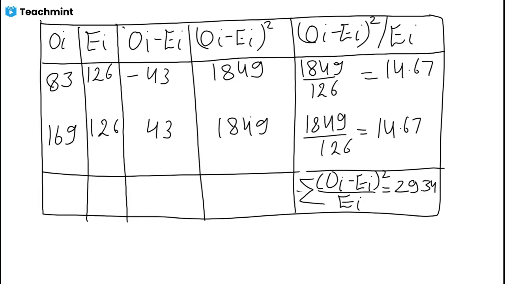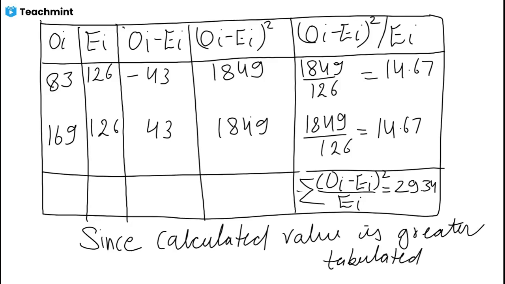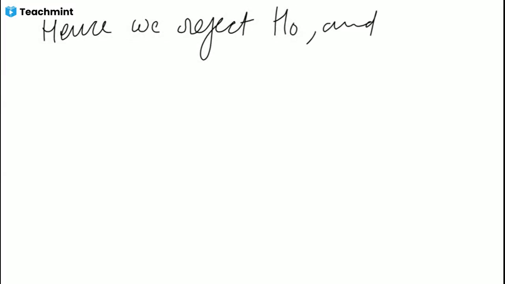So what is the conclusion? Since the tabulated value is only 3.84, and the calculated value is greater than the tabulated value, hence we reject H0, the null hypothesis, and accept the alternative.